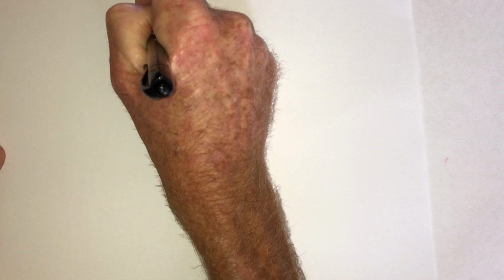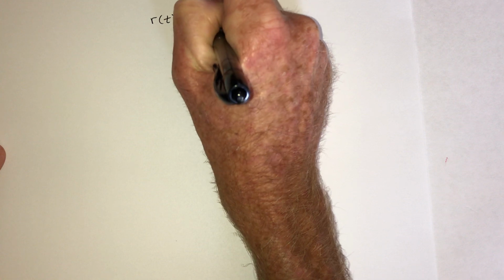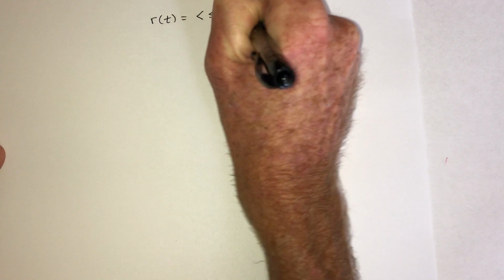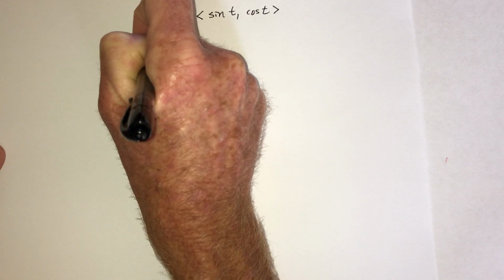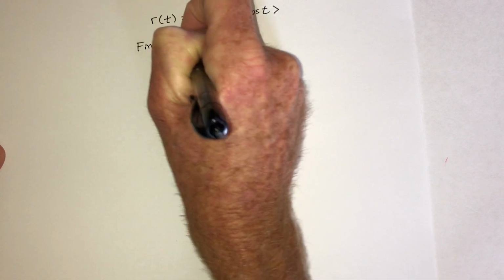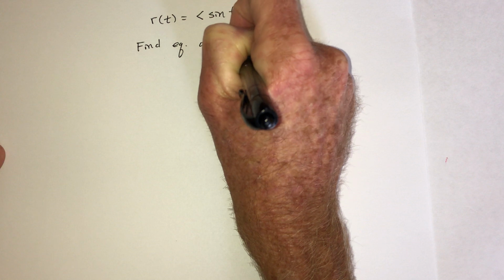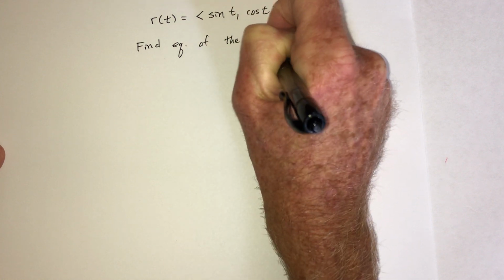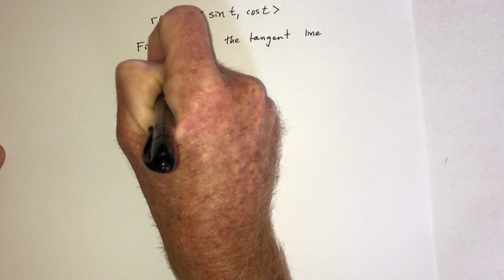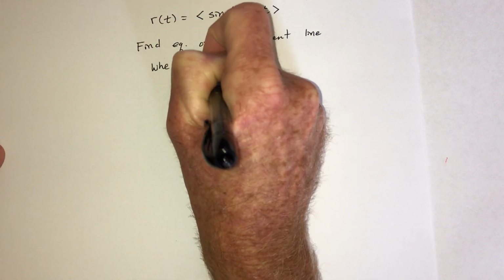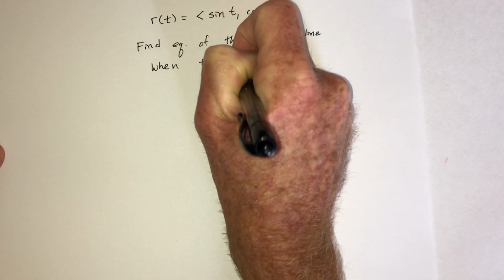So the next part, still using r(t) equal to sine and cosine: find the equation of the tangent line when t is equal to pi over 4.